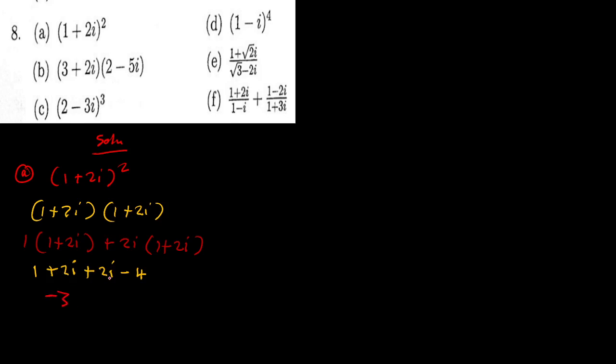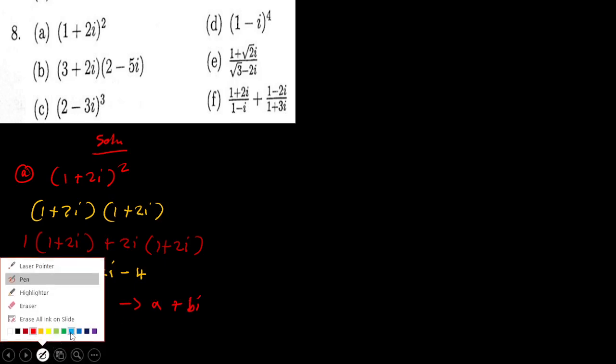Then 2i plus 2i is simply positive 4i. So this is what we were asked to do, and this is the same as a plus bi or ib. Either way, it's just the same because multiplication is commutative.